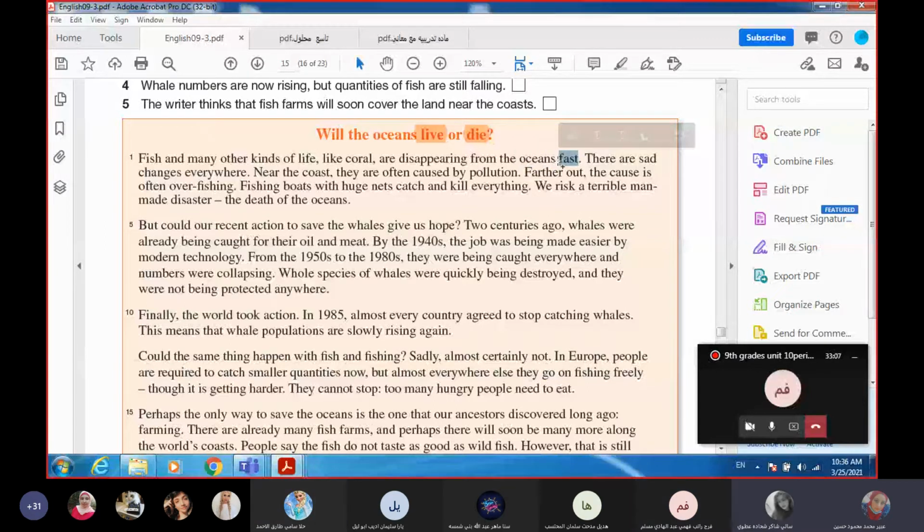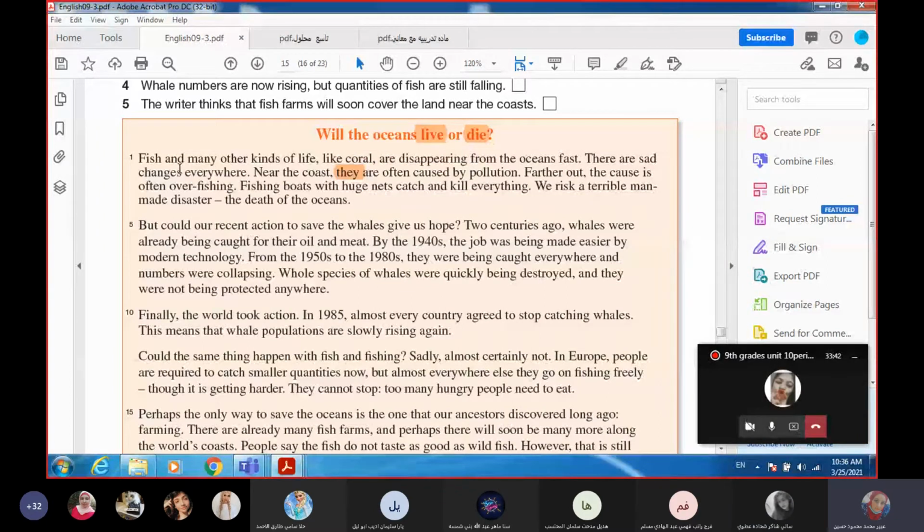There are sad changes everywhere near the coast. They are often caused by pollution. Further out, the causes made disaster. There are sad changes everywhere. So we have sad changes where in the ocean? Everywhere near the coast. They are often caused by pollution. Here, ninth graders, they refers to what? Changes, sad changes. Yes. They are often caused.